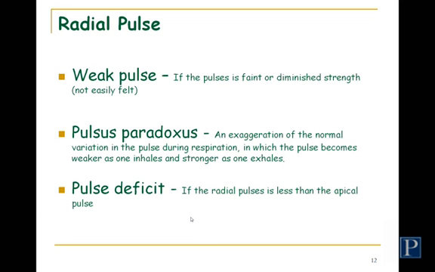They say if you have a pulse deficit over 5, a difference of 5 beats between the apical and radial, then you should refer to a cardiologist. Now, some people know they have pulse deficits under certain conditions. For example, if you have premature contractions, while you're having those you will have a pulse deficit.